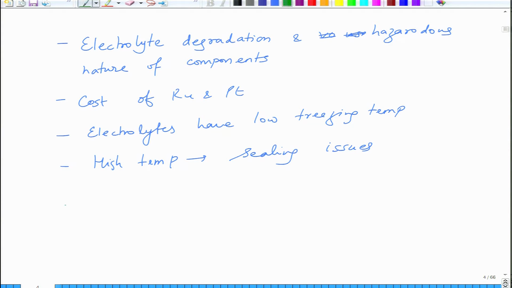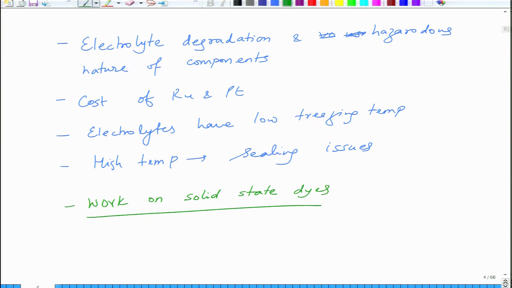So, there is work on solid state dyes, and people are working tirelessly, and there is a hope that these dye-sensitized solar cells will be able to overcome this barrier of using liquid dye with appropriate solid dyes and improve the efficiencies also.